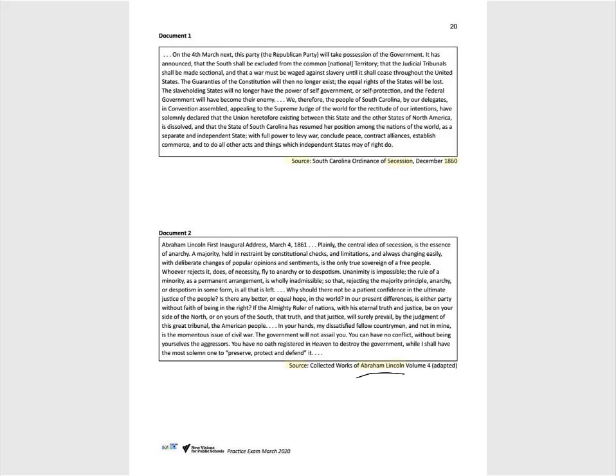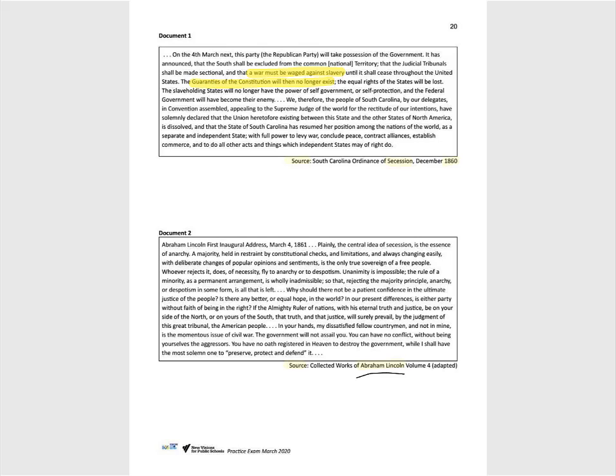It has announced that the South shall be excluded from the common, which is national territory, that the judicial tribunals shall be made sectional, and that a war must be waged against slavery until it shall cease throughout the United States. The guarantees of the Constitution will then no longer exist.